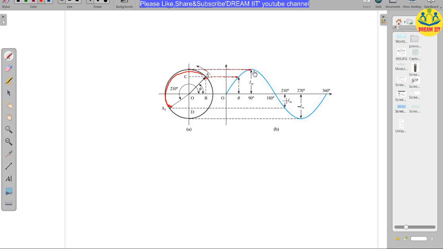This is the maximum value we projected, and this is the instantaneous value. This vector is continuously rotating, and at this point you represent the value here. This is some value, and you represent the negative maximum value.